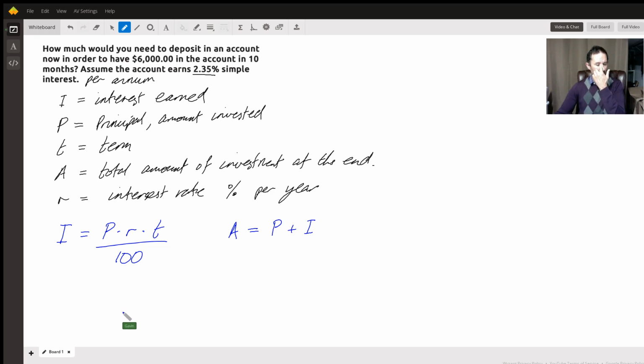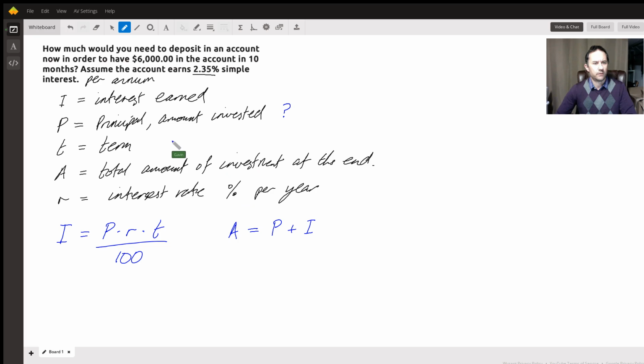So the interest earned, we don't know that just yet, so we'll leave that as capital I. Principal is what we want to find, because it says how much would you need to deposit. That's the goal for this whole question.